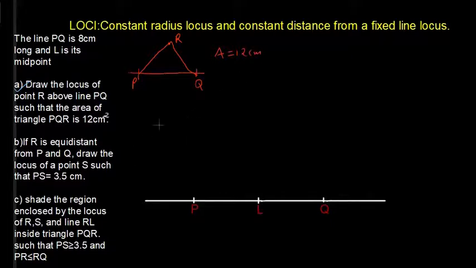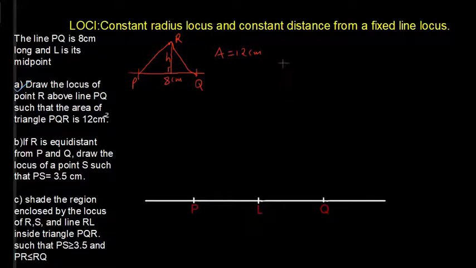So this information here will help us in getting the height of the triangle, and we'll see the importance of that height. So the base of the triangle, which is PQ, we are already told is 8 centimeters.